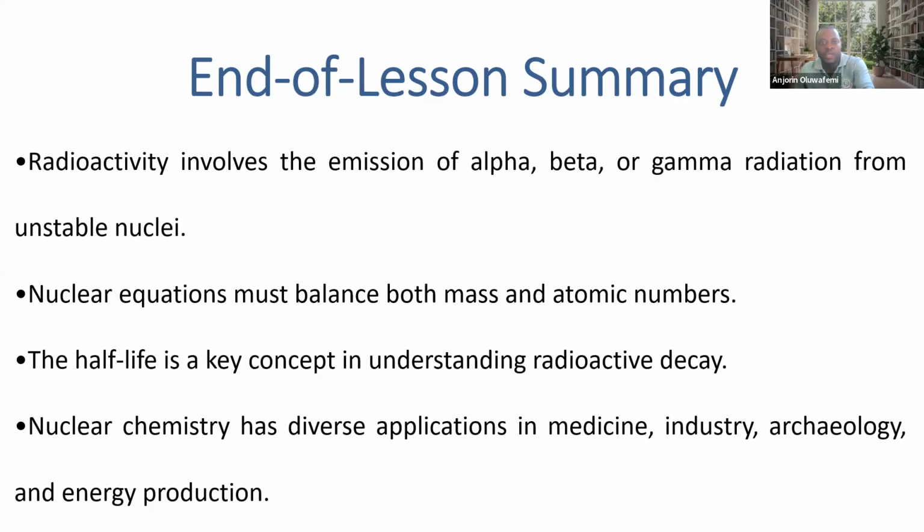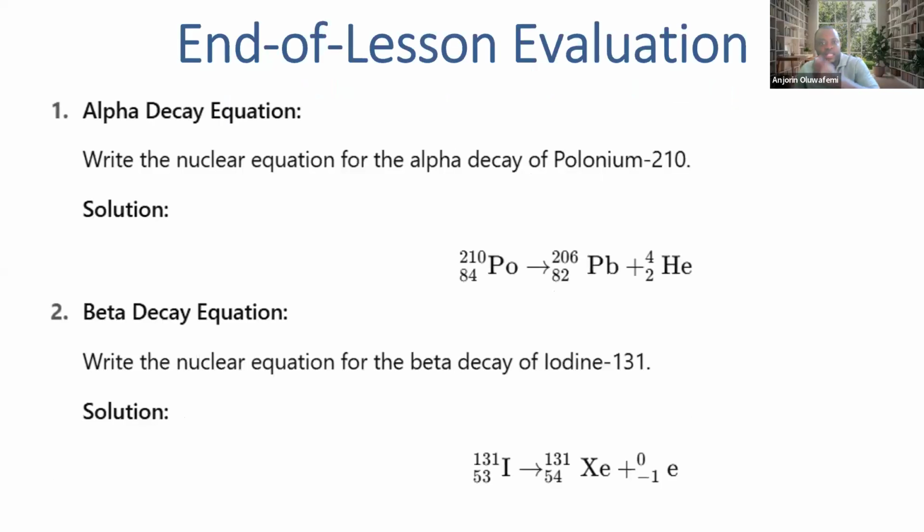Okay, so let's quickly evaluate this class and look at this one that says: write the nuclear equation for alpha decay of polonium-210. I'm not supposed to even put the solution, pardon me, but no problem. I will do that one for polonium, and then I'm going to give you another one to do for me.